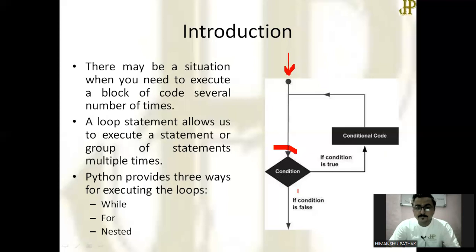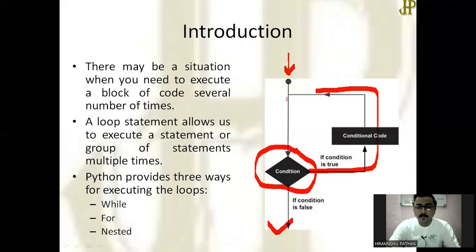The condition is checked, and if the condition is true, then the same task is executed and we move to the condition to be checked again. Again, if the condition is true, then the same block is executed once more, and so on till the condition is false. In Python, there are basically three types of looping: while loop, for loop, and nested loop.